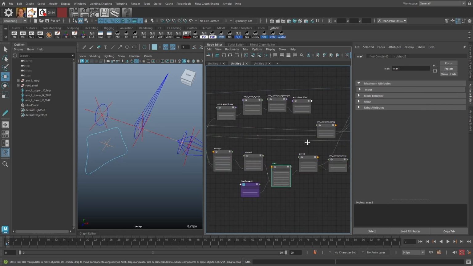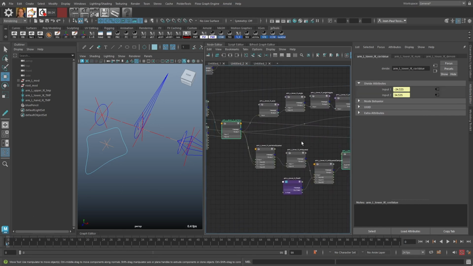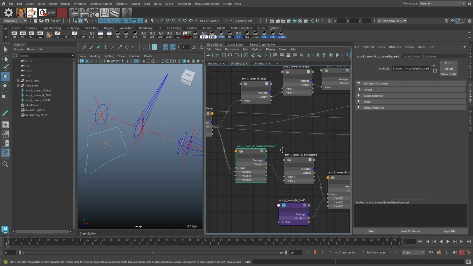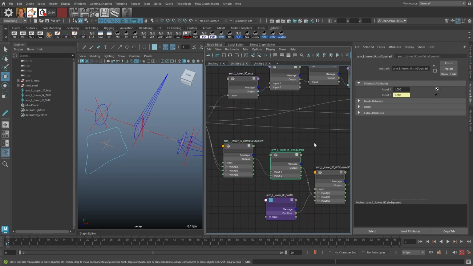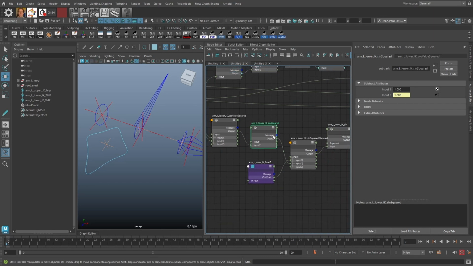So let's just rename these nodes for now. Okay, so I renamed them to the cosine value squared, and then the sine value squared, where we subtracted the cosine value squared from the 1, so we get the sine value squared.